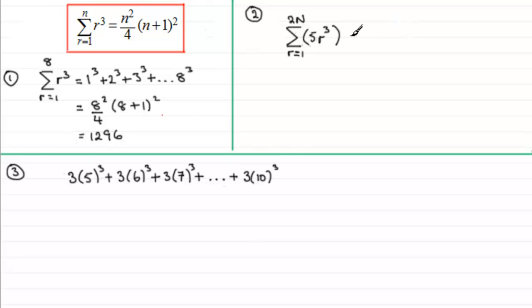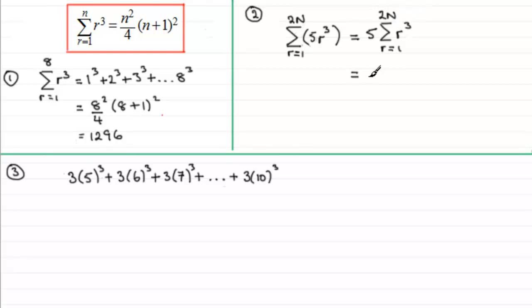Whenever you get a constant in front like this, we have seen in the past that you can pull that constant out in front of the sigma sign. So we've got 5 times the sum of r cubed, where r goes from 1 but not to n this time but to 2 big N.